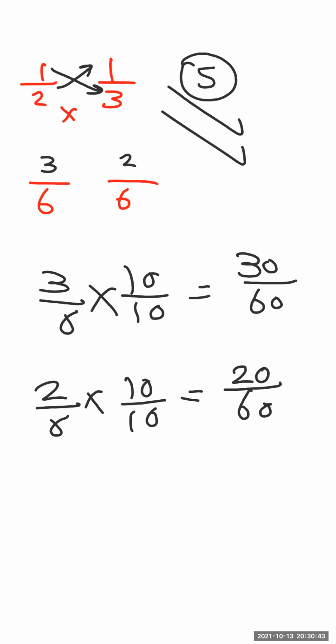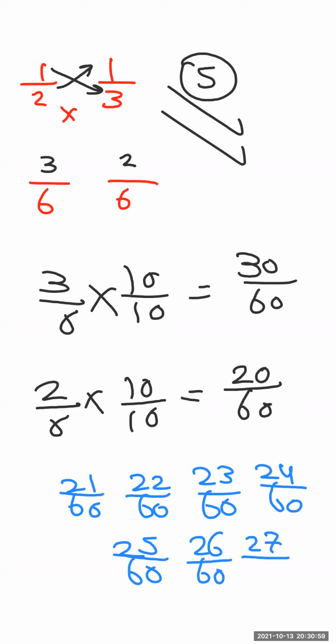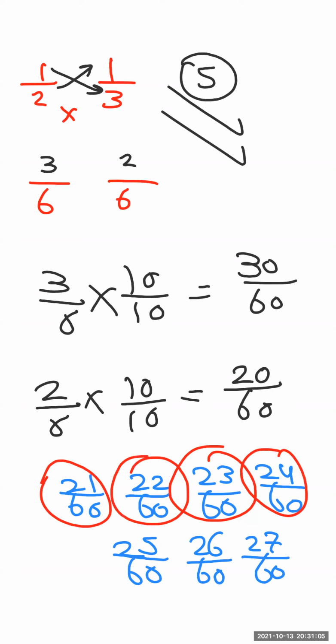In this case, I can write all the numbers, like 21 over 60, 22 over 60, 23 over 60, 24 over 60, 25 over 60, 26 over 60, 27 over 60, and so on. I want only 5 numbers, so 1, 2, 3, 4, 5.